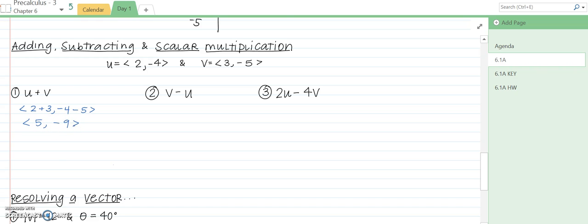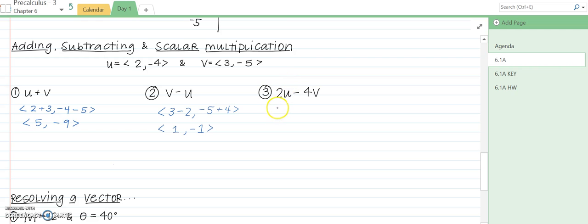So adding the two vectors gives me that component form. Same thing with subtracting. You're starting with V, so take the horizontals, subtract them. Starting with V, subtract them. You get a positive 1 and a negative 1 component form.